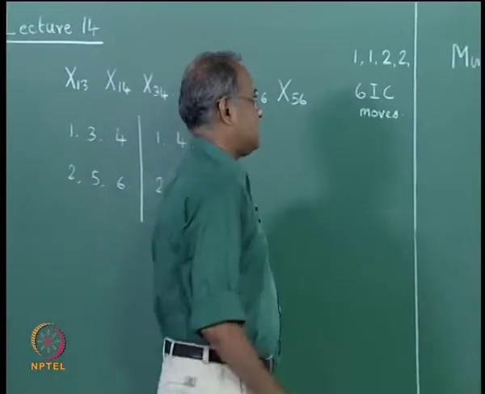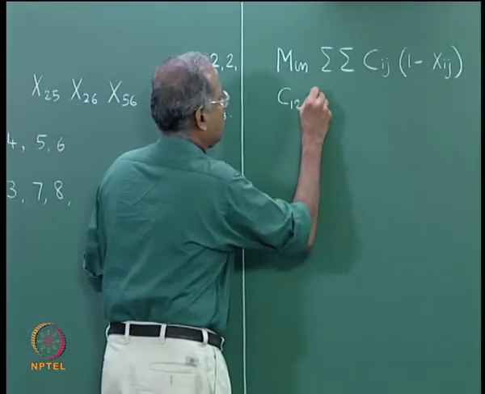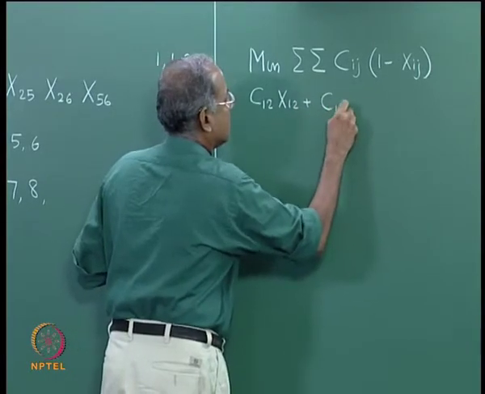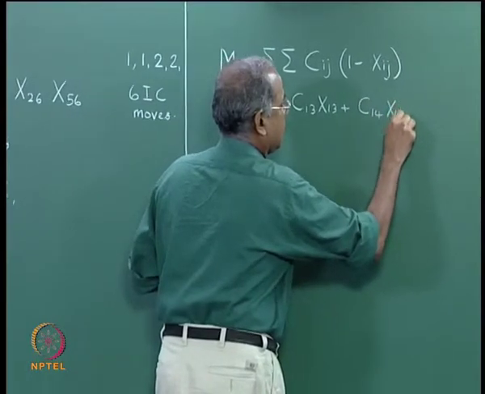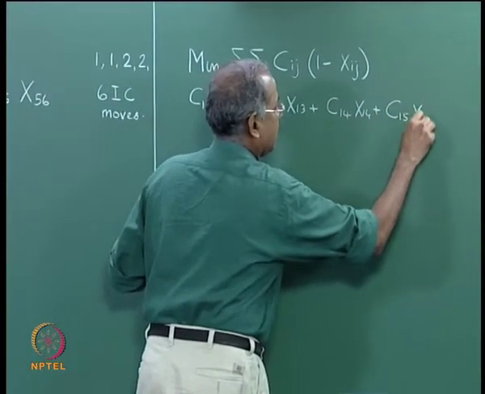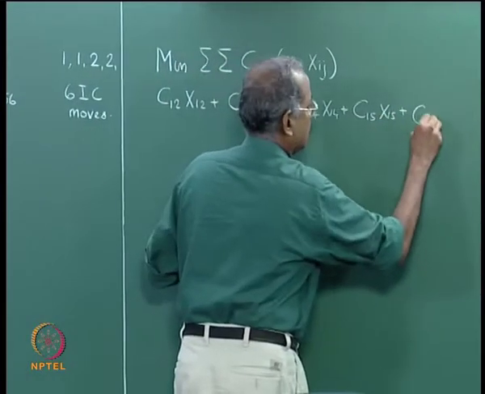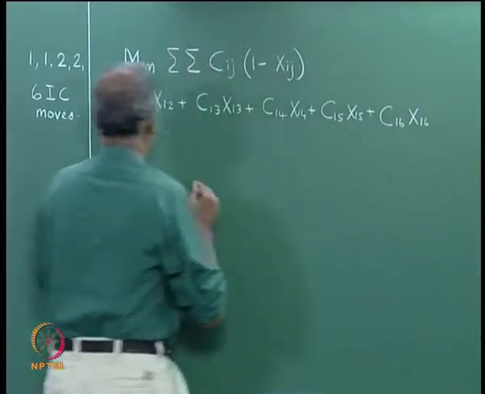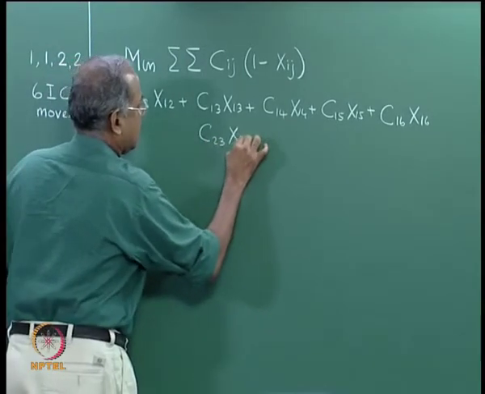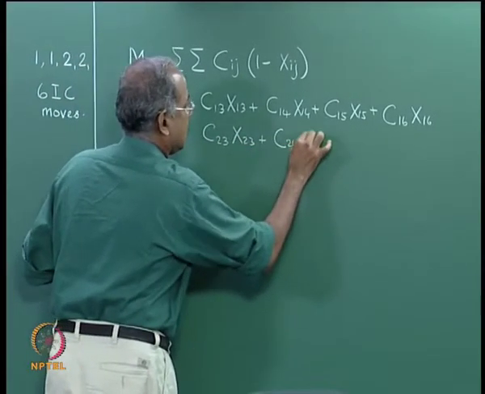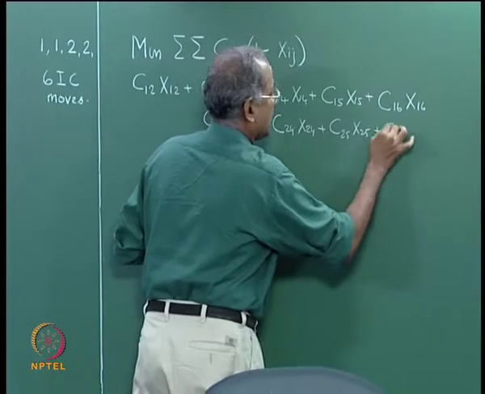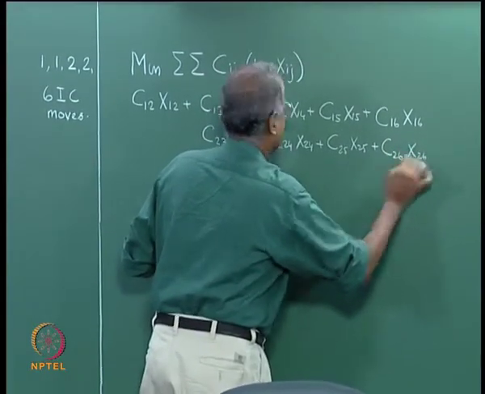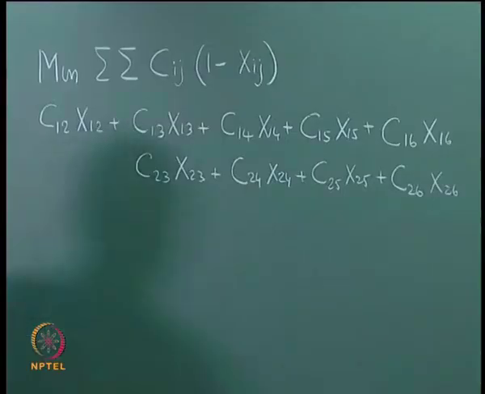When we expand this, it will become C12 x12 plus C13 x13 plus C14 x14 plus C15 x15 plus C16 x16, C23 x23, C24 x24, actually it is C13 into 1 minus x13, sorry.